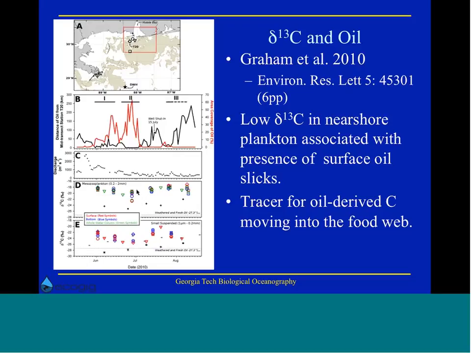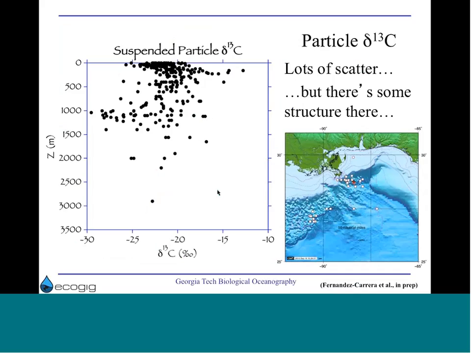This is an indication that oil-derived carbon was moving not just into the suspended particles, but also into the food web, that animals, through consumption and metabolism, were capturing some of that oil-derived carbon and transferring it at least part of the way to those charismatic, economically important species that we typically worry about.